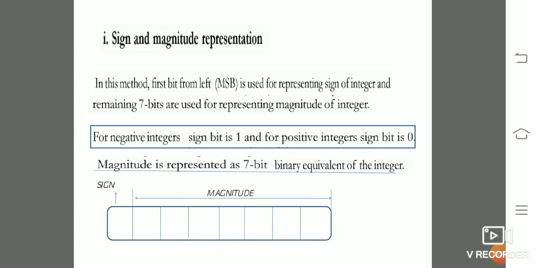For negative integers, the sign bit is 1, and for positive integers, the sign bit is 0.